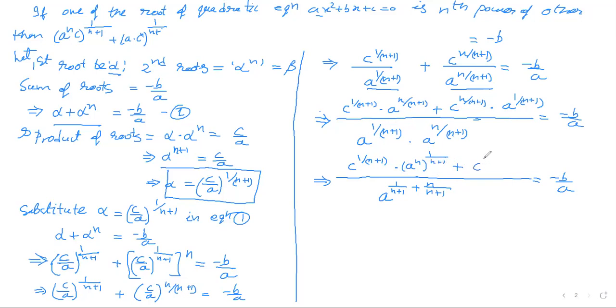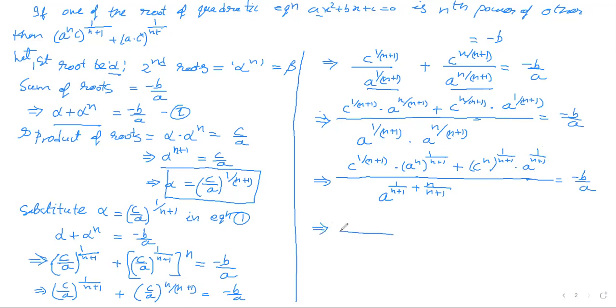Similarly, in this also, c to the power n whole to the power 1 upon n plus 1 into a to the power 1 upon n plus 1 will be there. Is that clear to you? Yes, sir. Equals minus b by a.